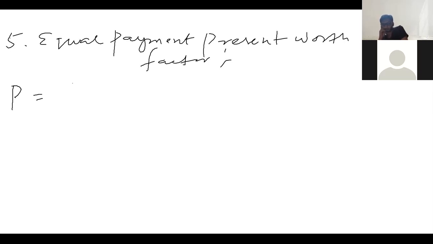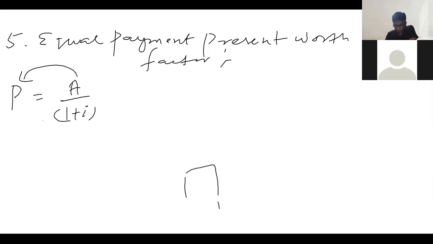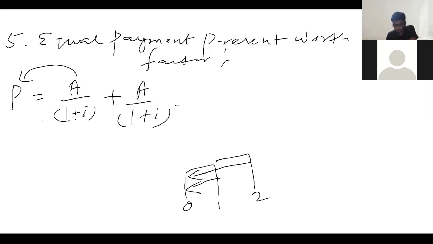Suppose your first year investment, you have to take it to year 0. I've simply used your second formula for 1 year. Remember, at the end of the first year, 0 to 1, I'm dragging it to year 0. Second year investment is here. From here, I'll drag it to year 0. Each year I'm dragging it to year 0 to know its present value.